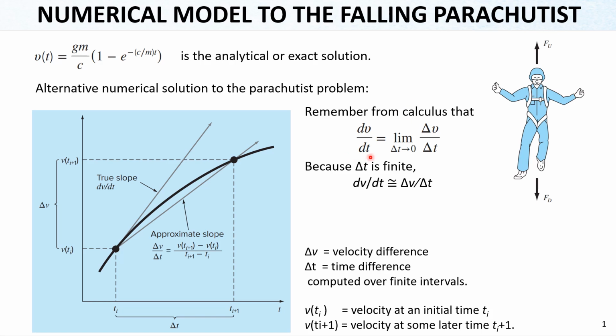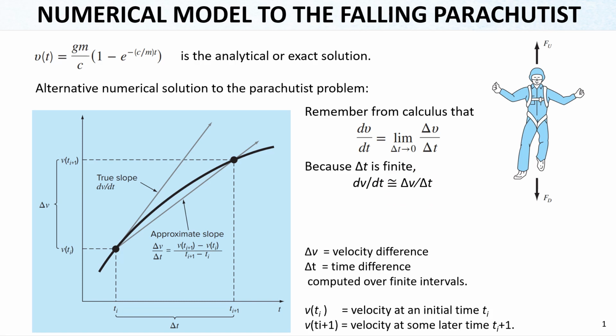For example, the dv over dt, which is the derivative, can be defined as a limit of delta v divided by delta t. And because delta t is finite, we can assume that dv over dt is approximately equivalent to delta v over delta t.